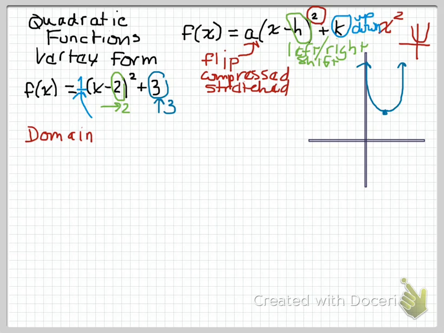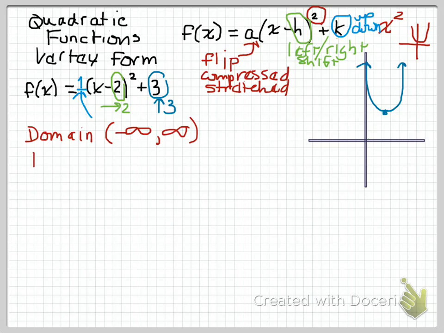And in the case of this quadratic, we can plug in any number that we want. There isn't any number at all that's going to cause this thing to blow up. So each and every real number is legal. So we go from negative infinity to positive infinity.